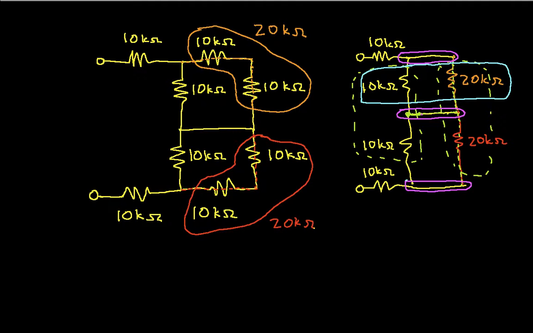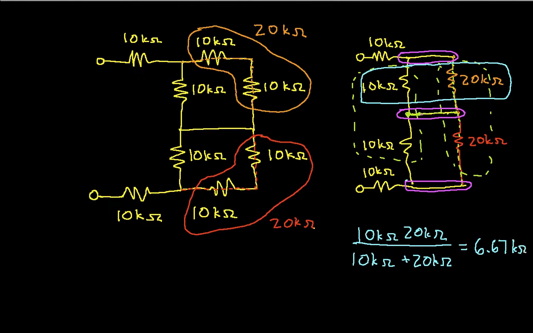which means that the equivalent resistance will be given by 10k ohms times 20k ohms over 10k ohms plus 20k ohms. And if you work this out, you should get an equivalent resistance of 6.67k ohms.